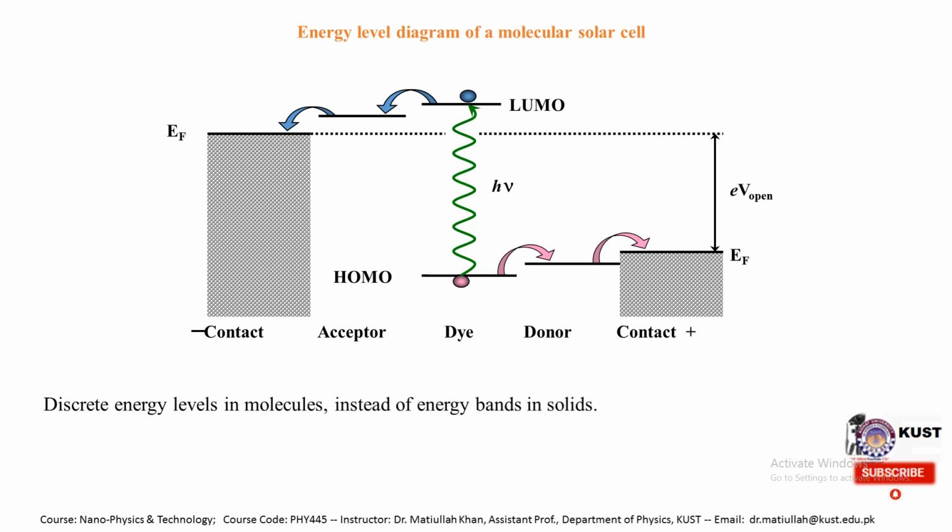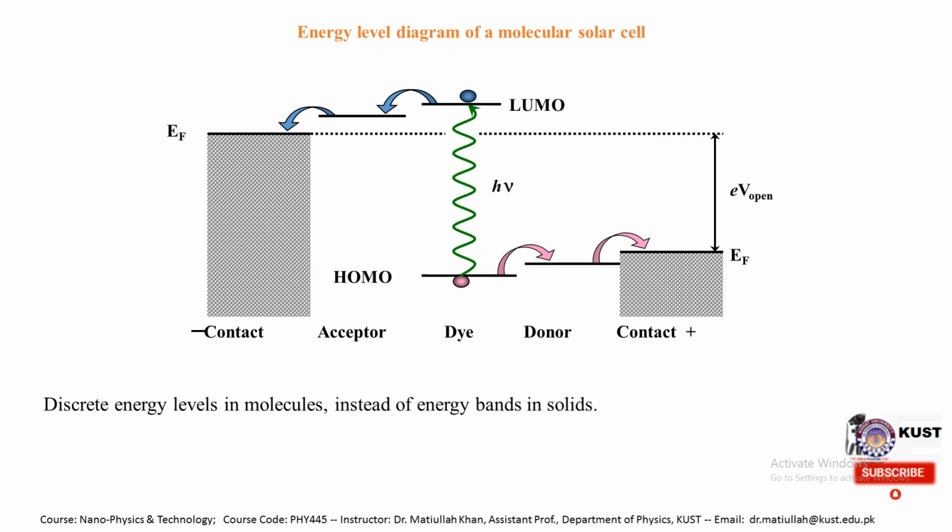Here we can see the photon is absorbed by the dye, and that leads to the transition of an electron from the HOMO toward the LUMO, and that electron is collected at the negative contact. The other positive charge, or what you call the deficiency of electron, that is the hole, is collected at the positive terminal of the battery.